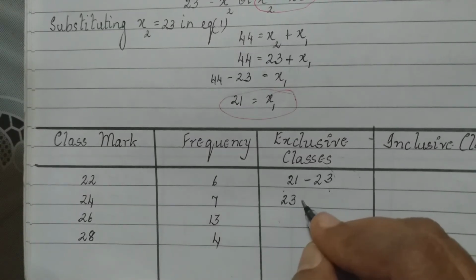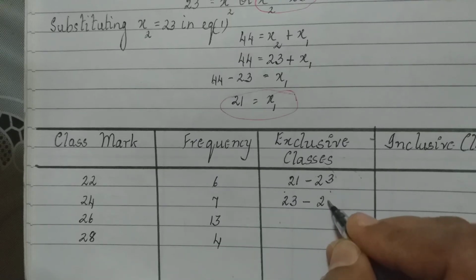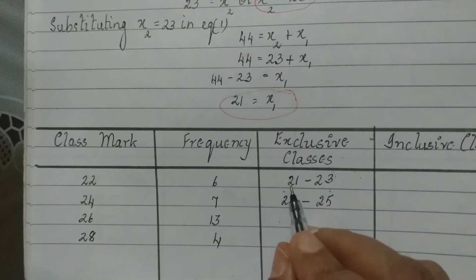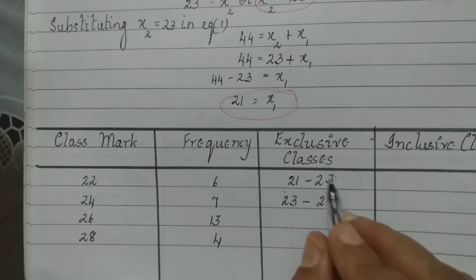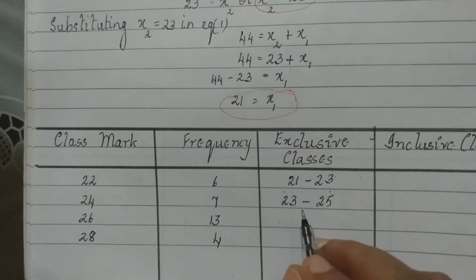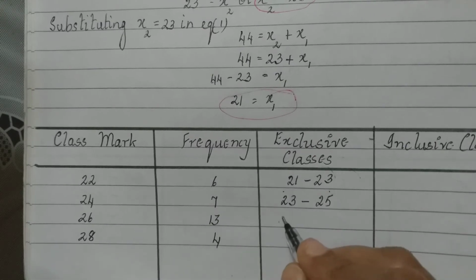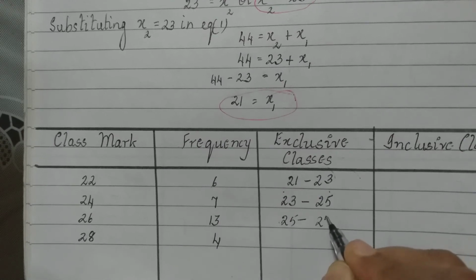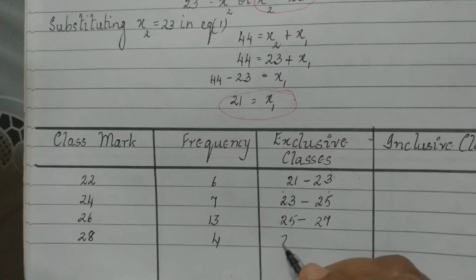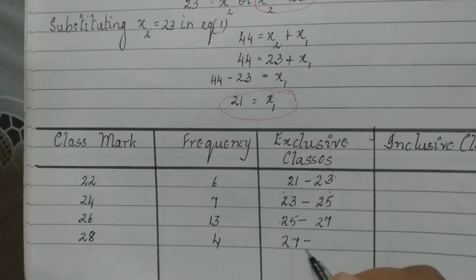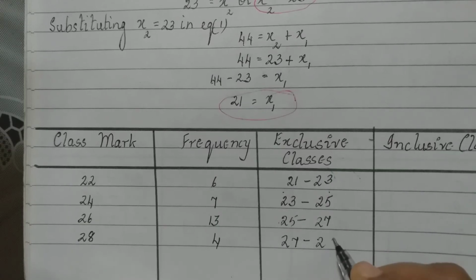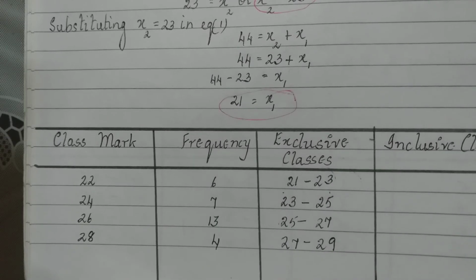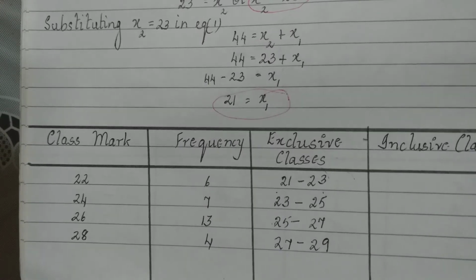Then 25, because 24 is missed. 25 will repeat here. 26 is missed, then we write 27. Then 27 will be repeated here. We miss 28 and then write 29. So we have completed our exclusive classes.